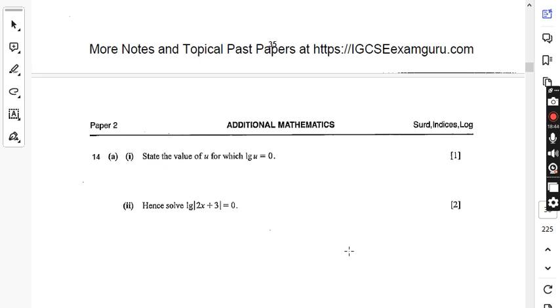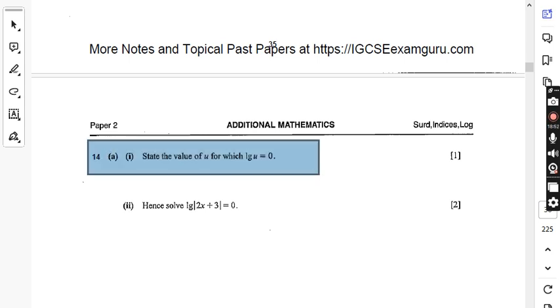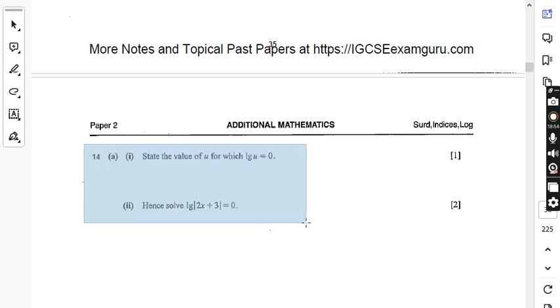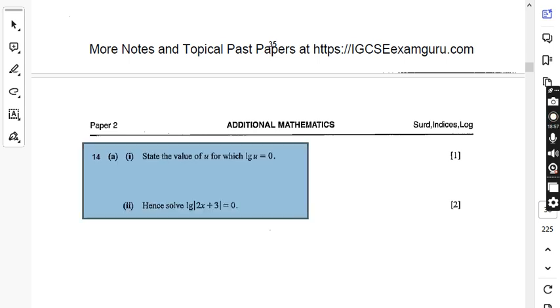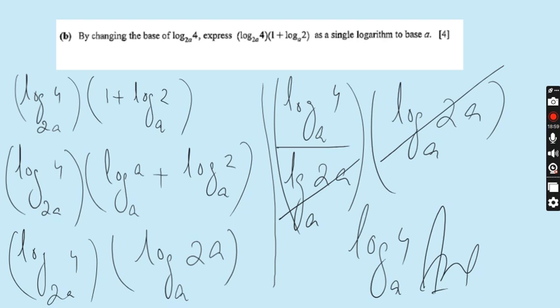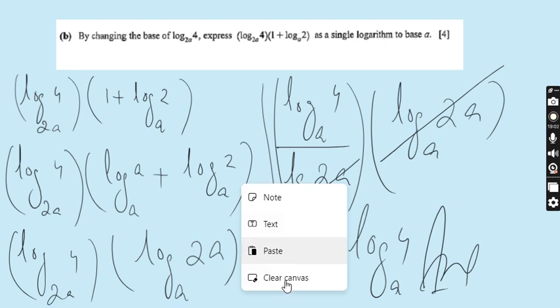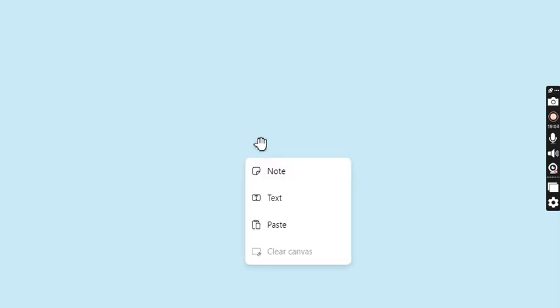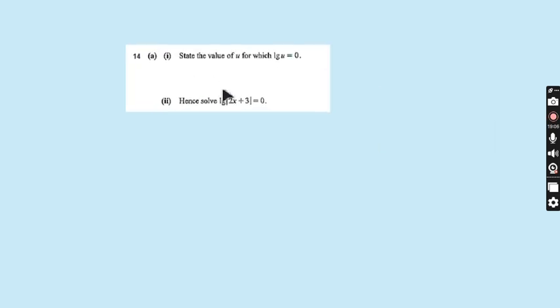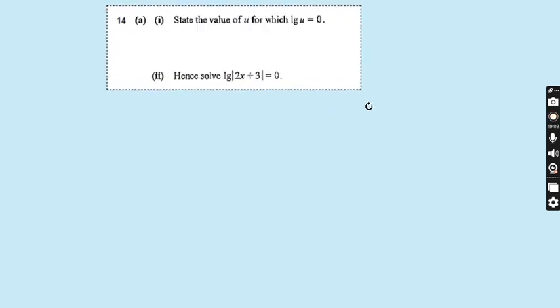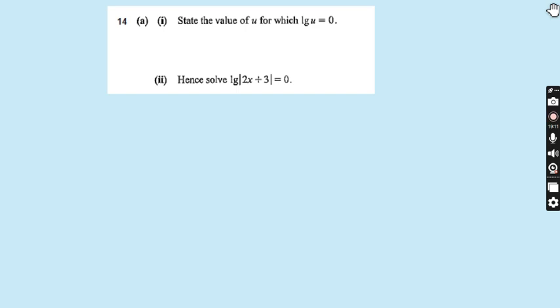Next question of logarithm is question number 14, part A, part 1.